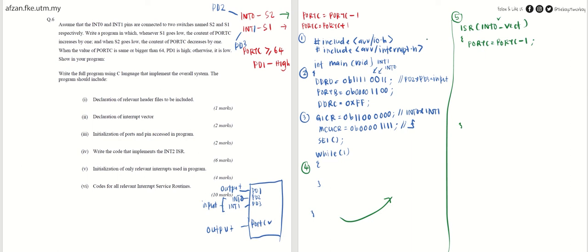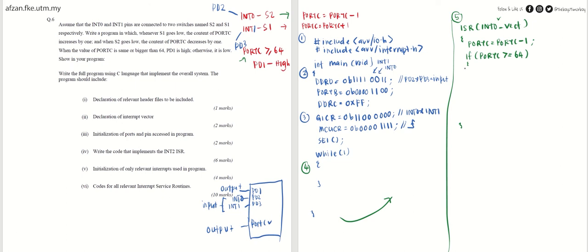Next, what are you going to do? If port C is greater than 64, you need to use the if else statement. If PORTC is greater than or equal to 64, open curly bracket. What happens if port C is greater or equal to 64? You see here, PD1 equal to high.